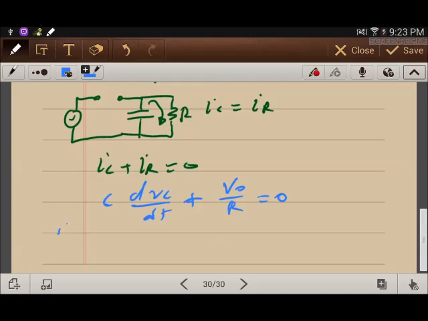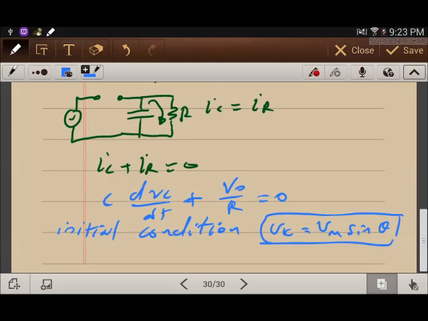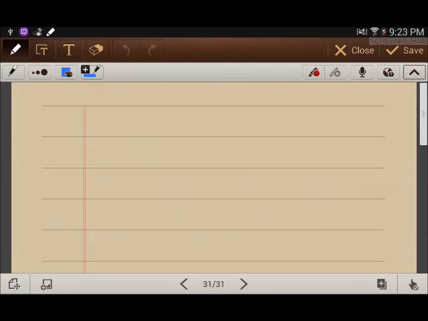We know that our initial condition is VC equal to V maximum sine theta from mode number 1. So now we have this first order differential equation and we have to solve it.